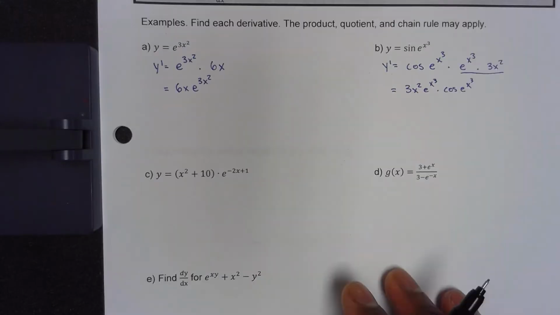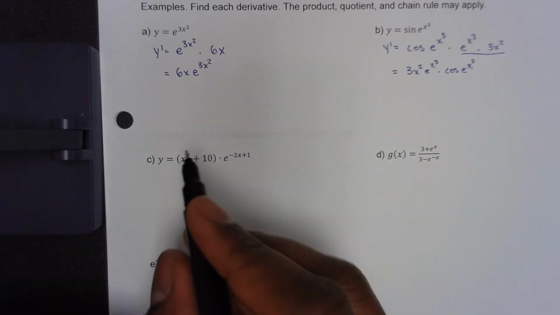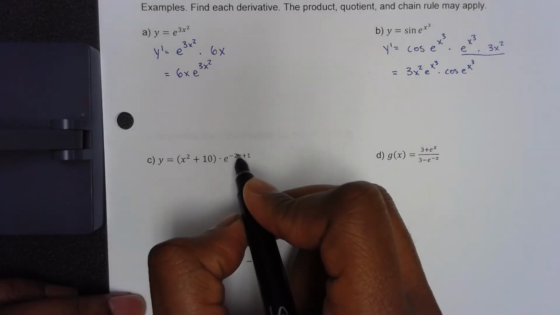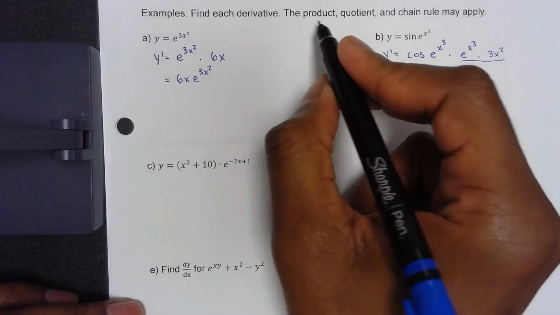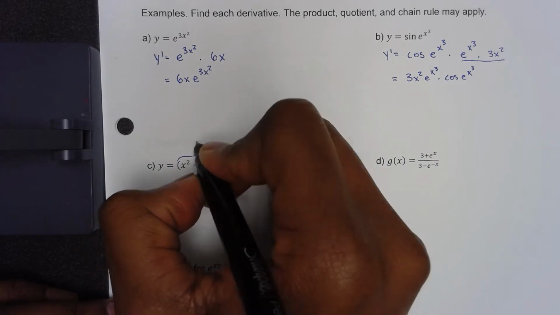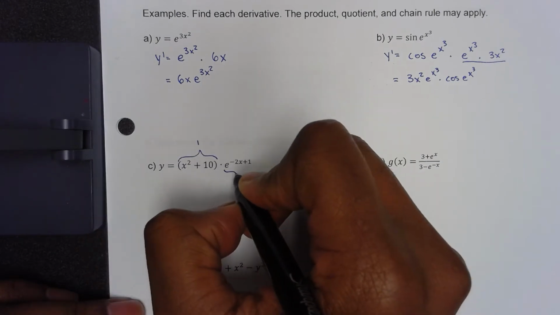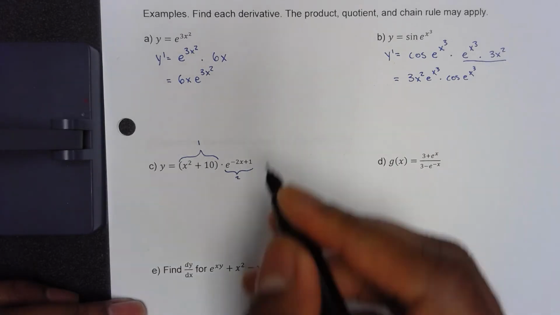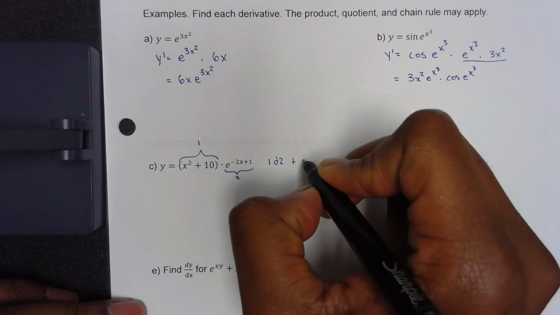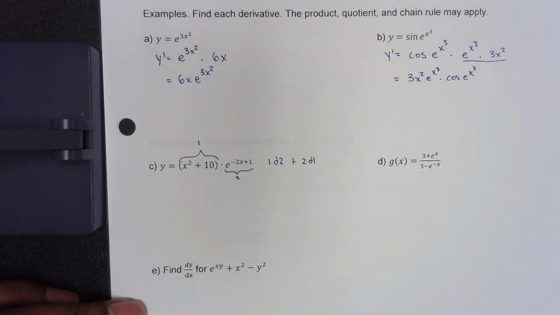Letter C, we have y equals x squared plus 10 times e to the negative 2x plus 1. This is a case where we would have to do the product rule. So this is our 1, and that's our 2. The product rule is 1 d2 plus 2 d1.